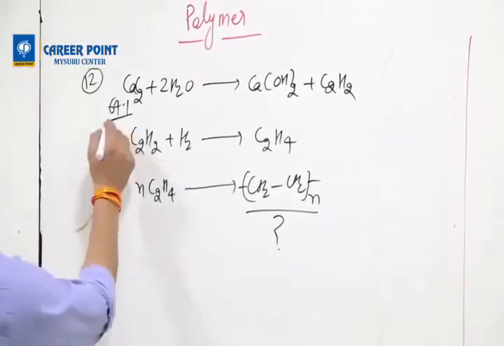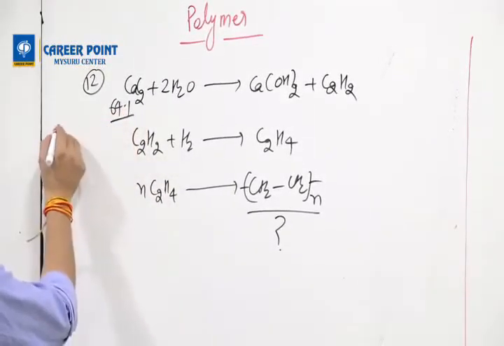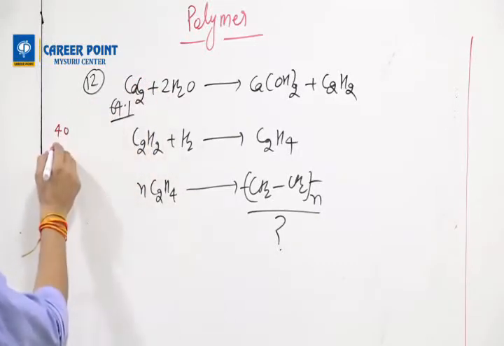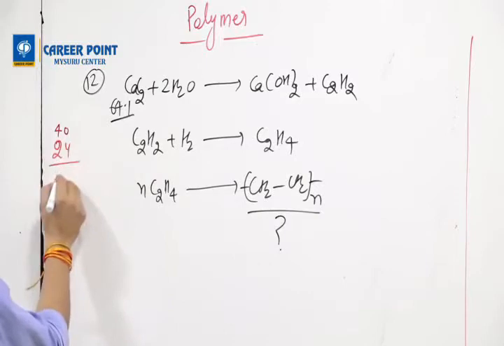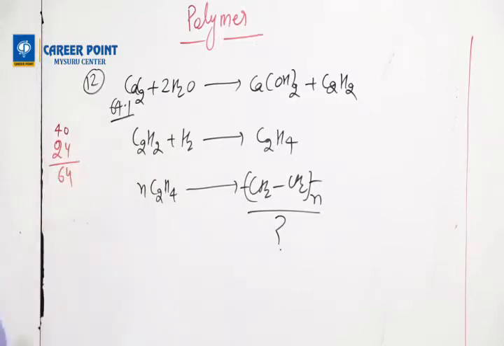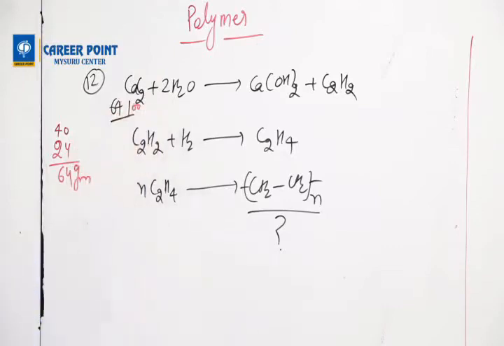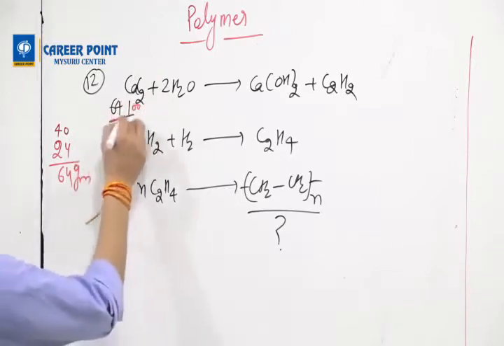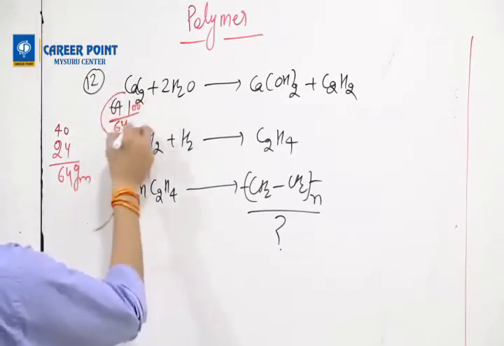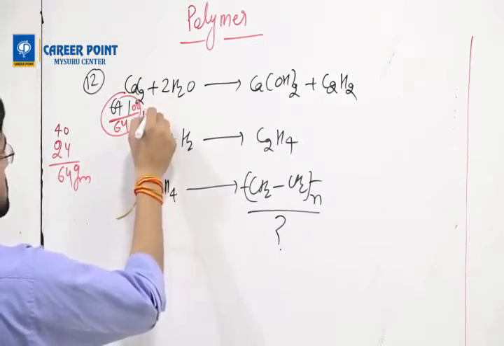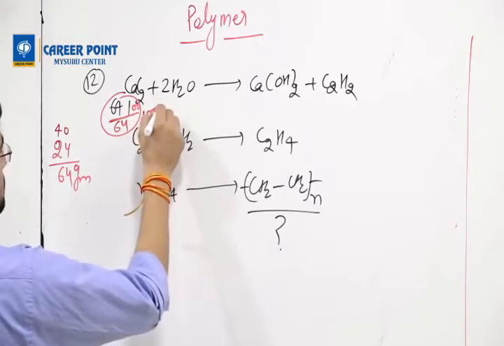So first you need to divide by the molar mass. Calcium is 40, carbon is 12, so 24. We'll get 64 gram. If you convert into grams, 64000 divided by 64, so basically we'll get somewhere around 1000 moles.